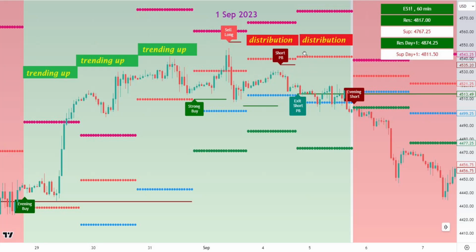And then comes another day, and again bears repeatedly try to break under the blue support. Look, it did not happen here. Blue support was way below, and then comes the day that bulls actually got exhausted. They could not break over the daily resistance, and they hardly could defend the daily support.